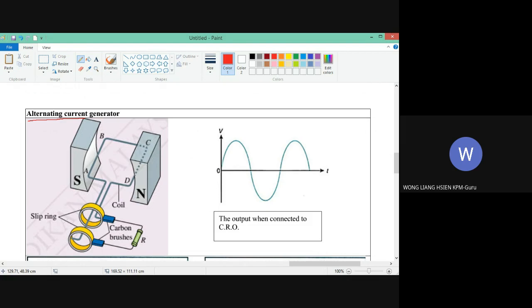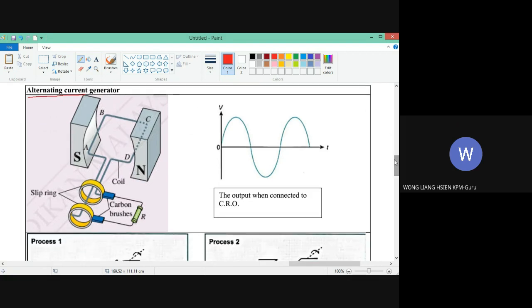The part that is different between the alternating current generator and the direct current generator is that the commutator changes into slip rings.